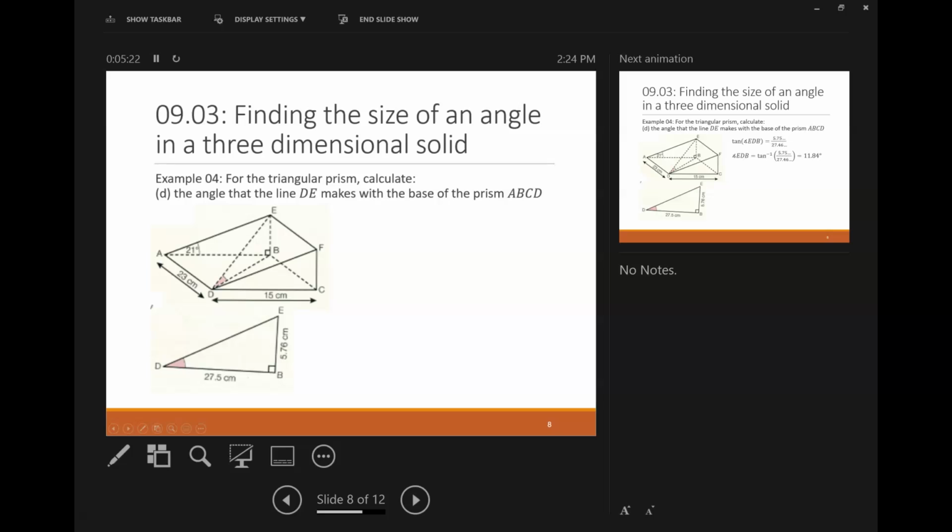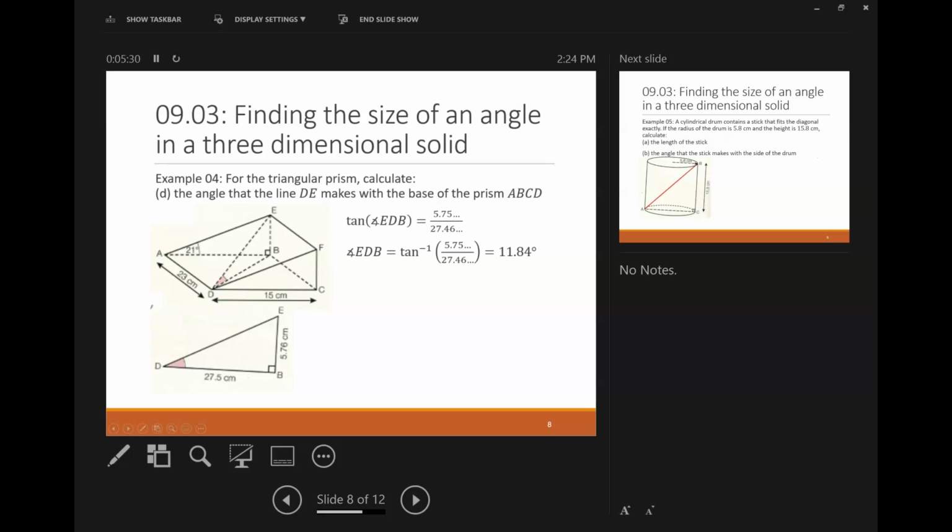I didn't write in the third one because I decided to use tangent, so I just wrote in the opposite and adjacent. But really, you could use any of them. So I know that tangent of angle EDB is opposite over adjacent. And to find that angle, I take the tan inverse of both sides. It gives me 11.8-ish.